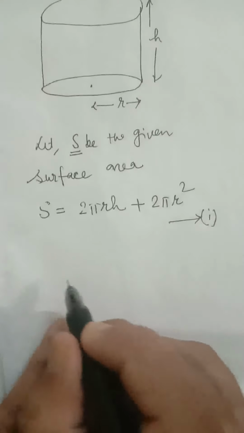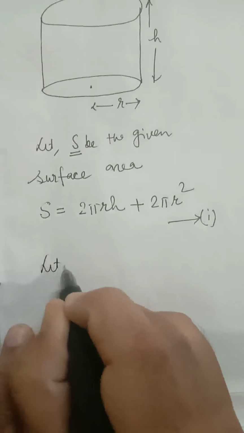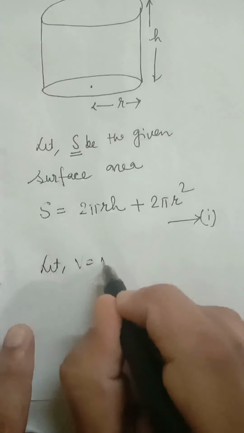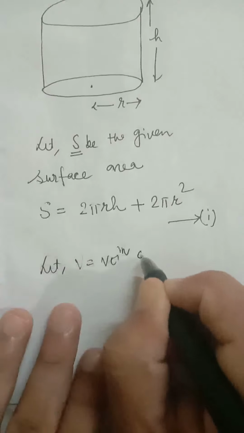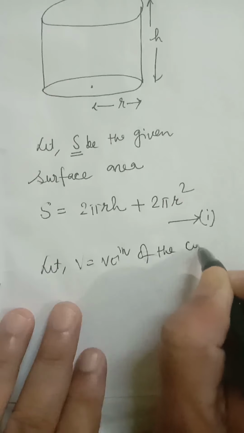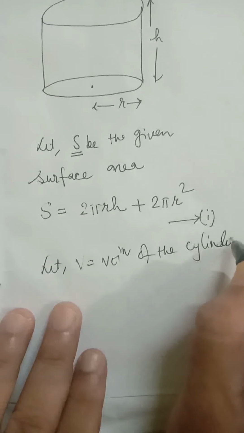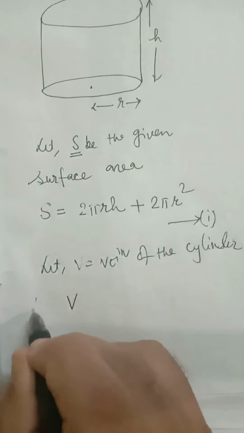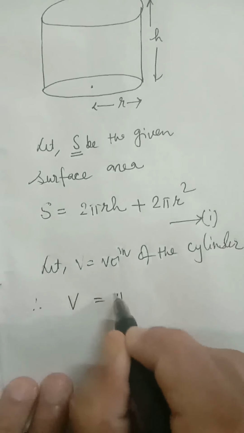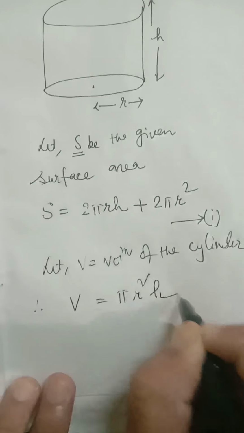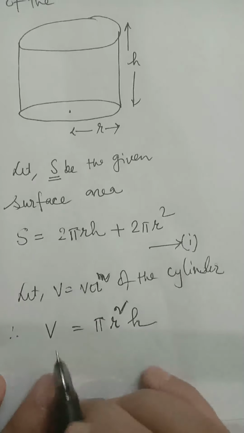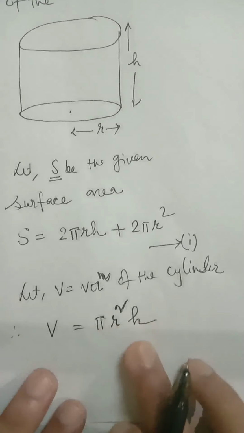So first of all, we will write volume. Let V be the volume of the cylinder. What is the formula for the volume of a cylinder? V equals pi r square h. Now, what we have to show?